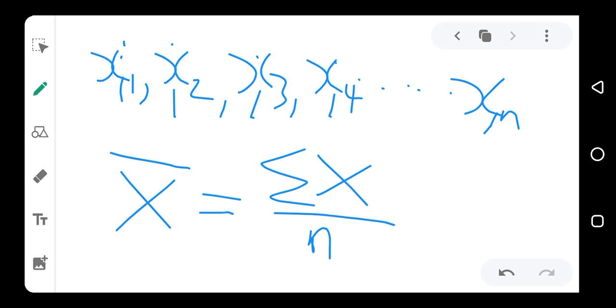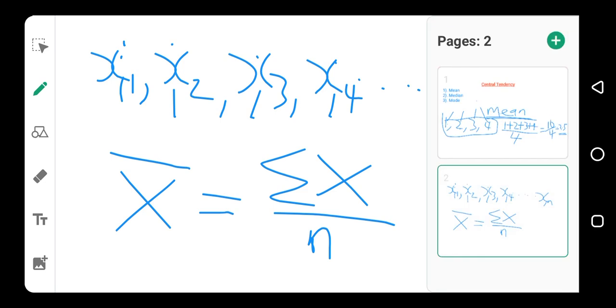Now, let us solve the last example again using this formula. The data set again is 1, 2, 3, 4.